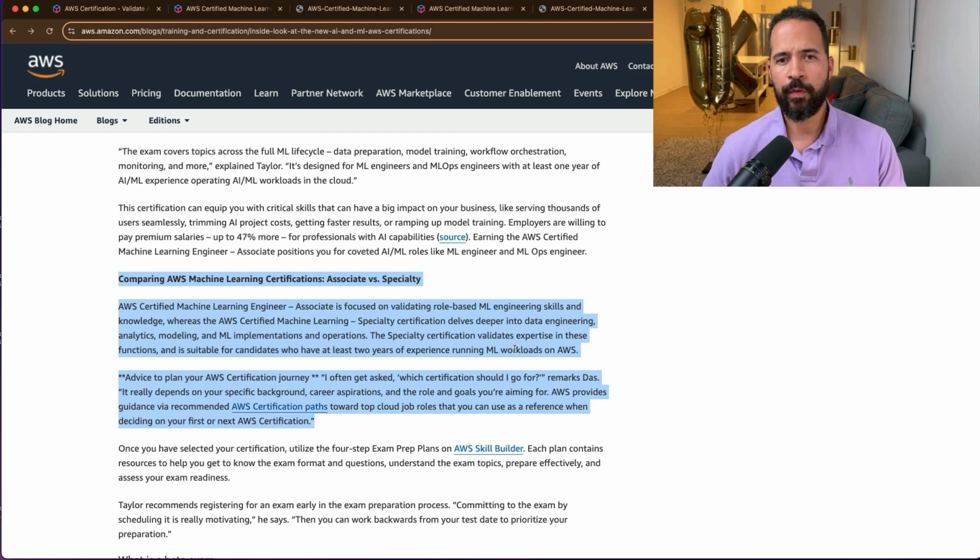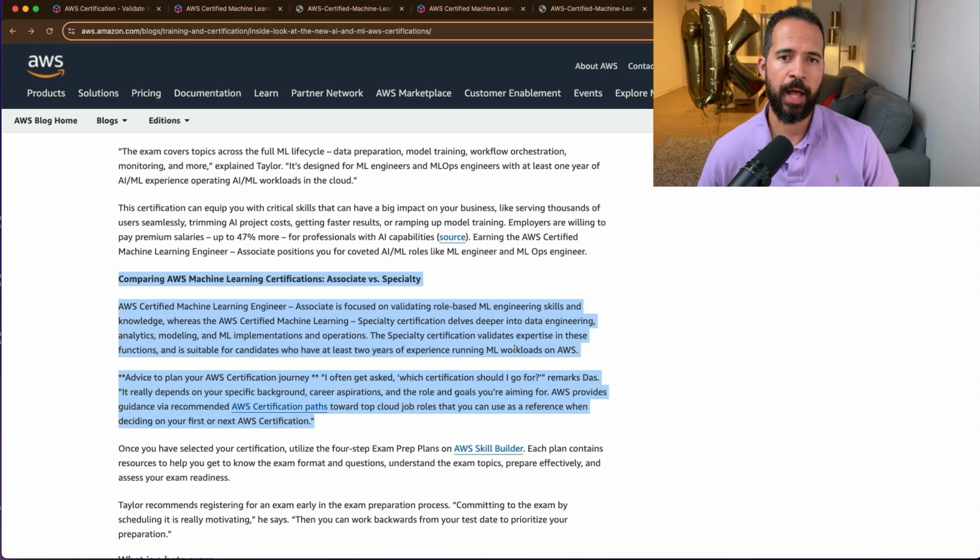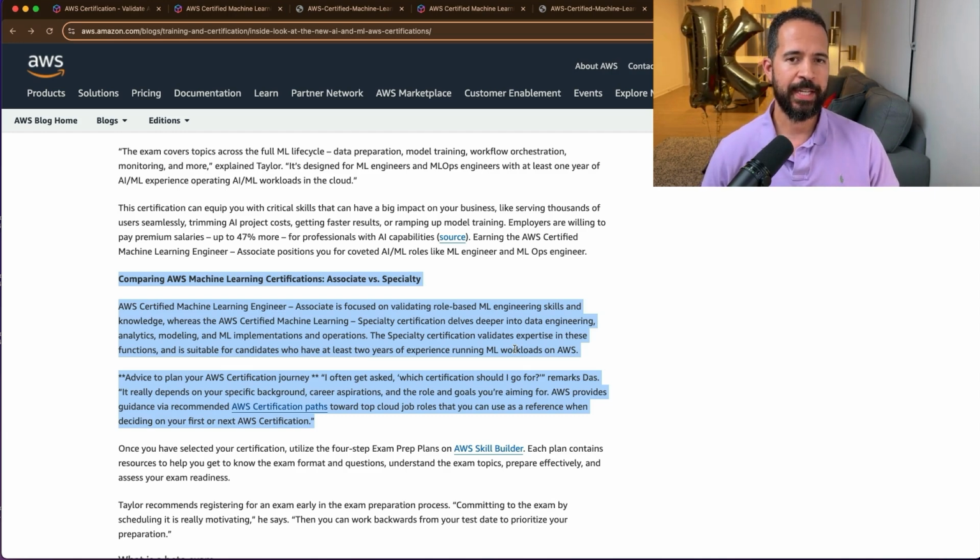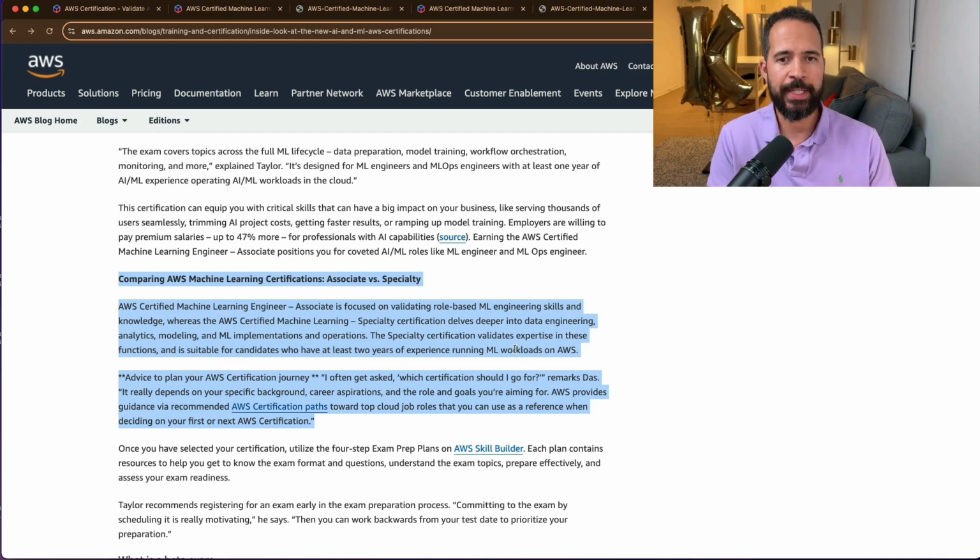So as we're going over this, as well as reading this blog here, you begin to understand that the Machine Learning Specialty is going to dive even deeper than the Machine Learning Engineer Associate. And as a result, it likely has a higher degree of difficulty if you were to compare those 2 certifications, and will take more effort to prepare for. Now, your results will vary because it depends on your background.